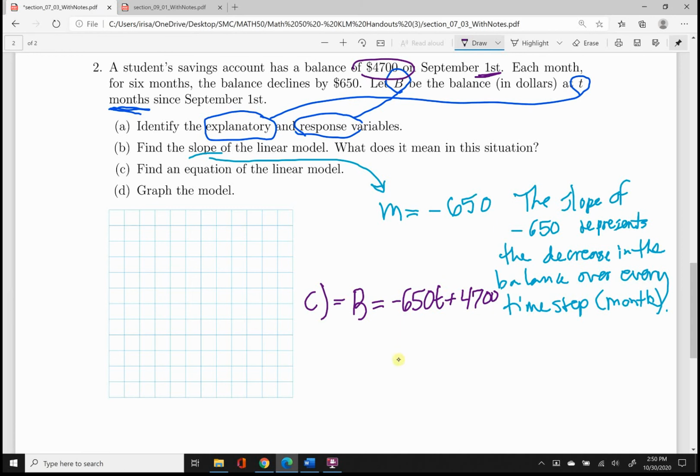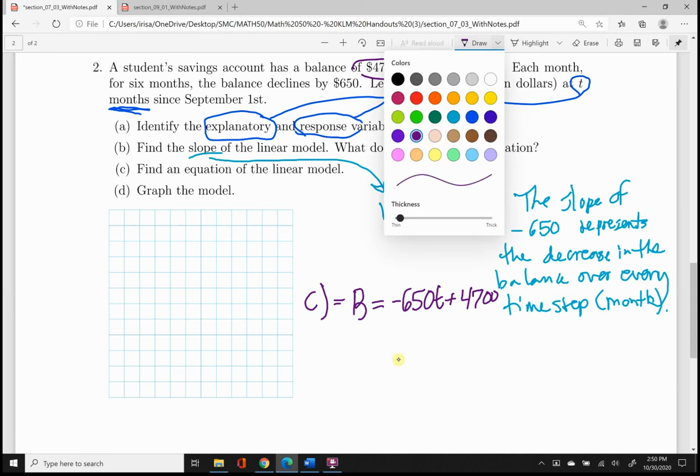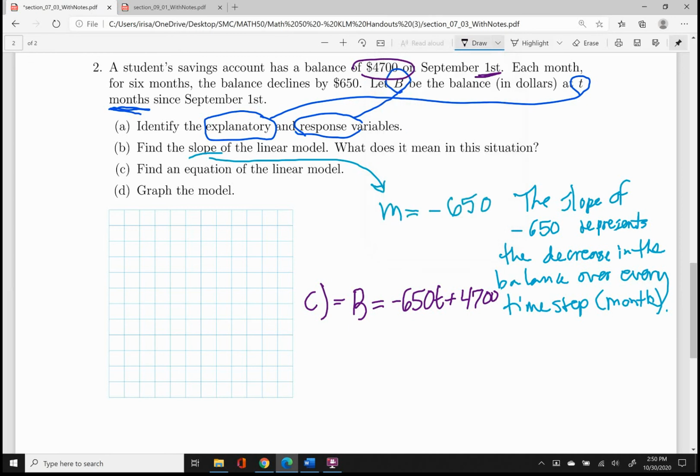I'm going to do the same initial things that I did for the last one, which is to draw the axes in the same place on the grid on the outer edges, and then I'll label the axes and put appropriate tick marks in. So here is my first line put in, and that's the B axis, which is the balance, account balance, we could say.